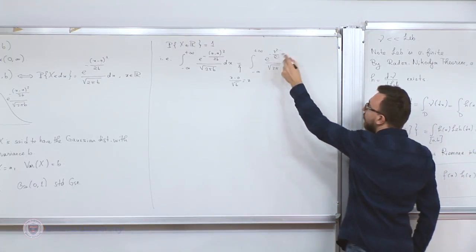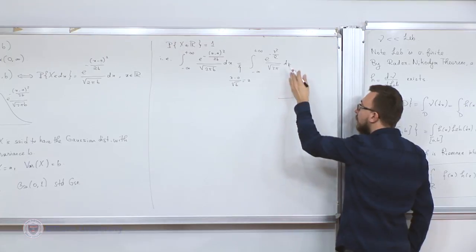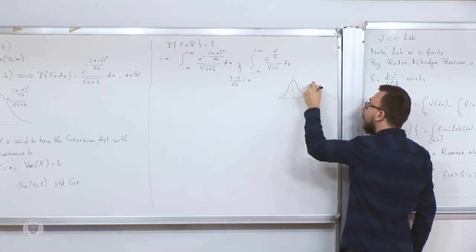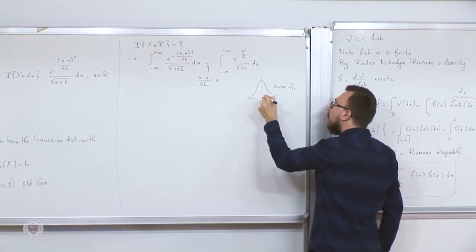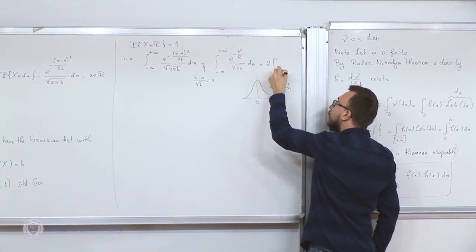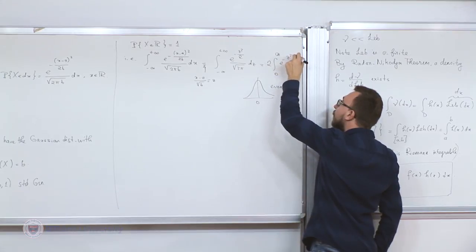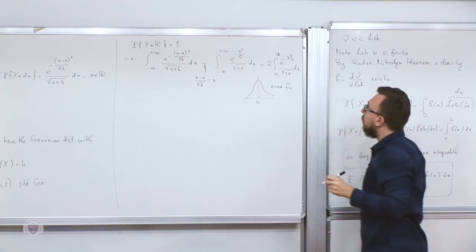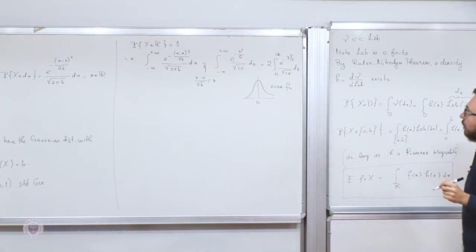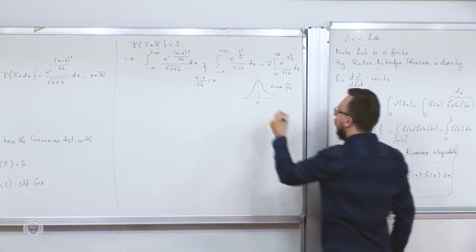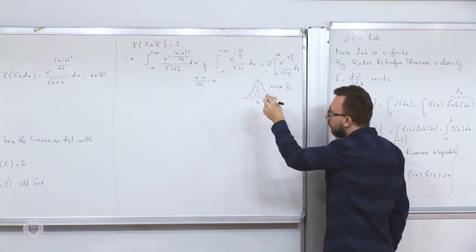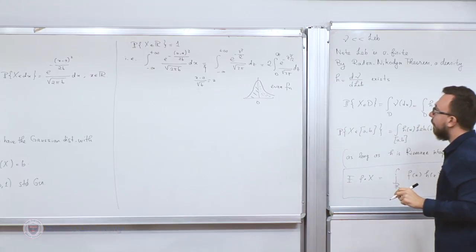If you look at this function, it is symmetric around the y-axis, so it's an even function. So you can see it as 2 times the integral from 0 to infinity of the same function. This area is equal to this area, and hopefully they are both 1/2.